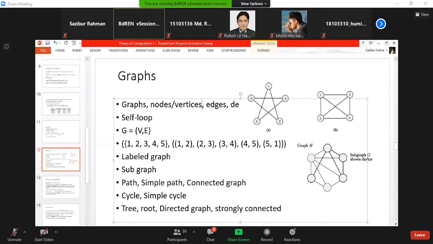Singular term is vertex. So the points are known as nodes or vertices, and the connecting lines are known as edges.